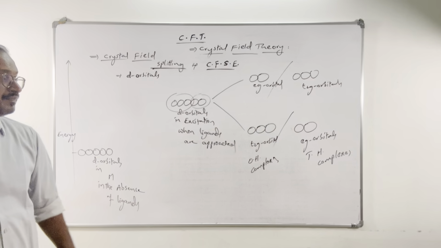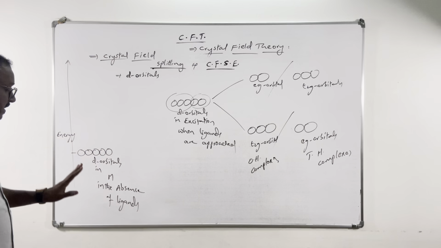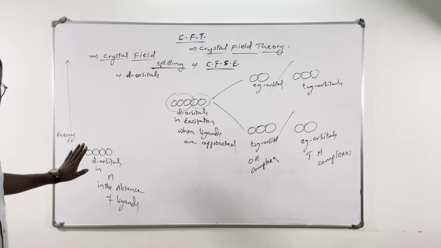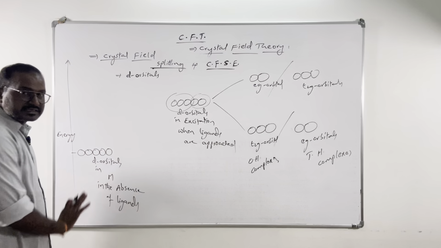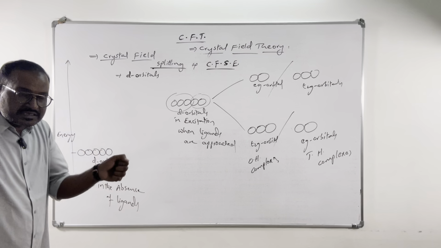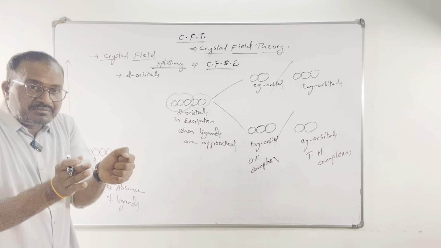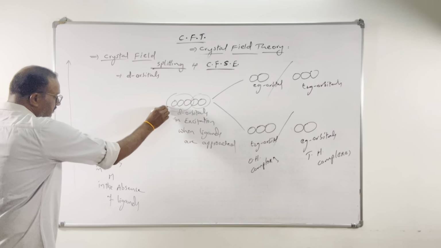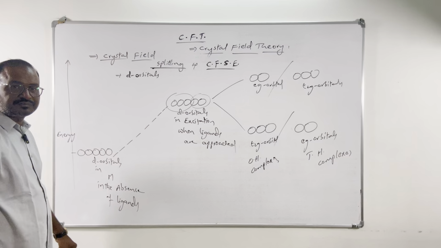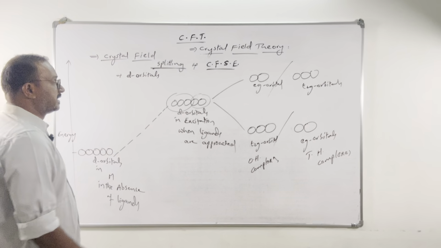First thing, remember, once again I am saying: when there are no ligands around the central atom, the energy of the d orbitals is less. When the ligands come close to the metal, the energy of the d orbitals increases. They will get excited.